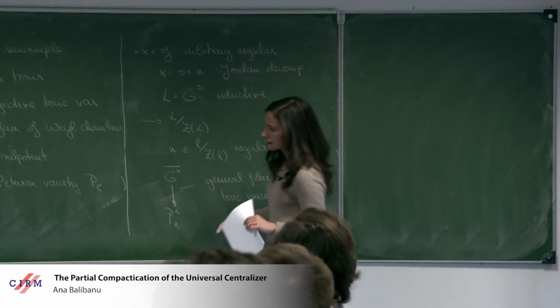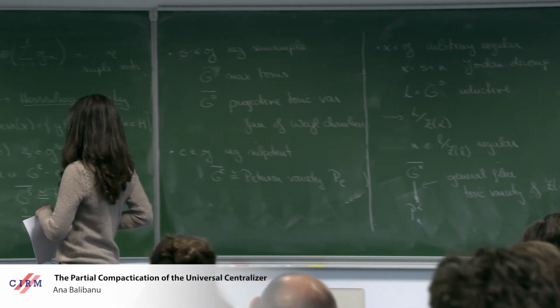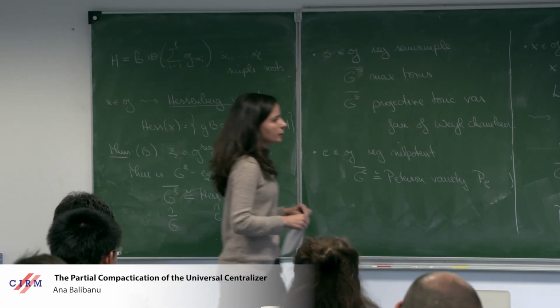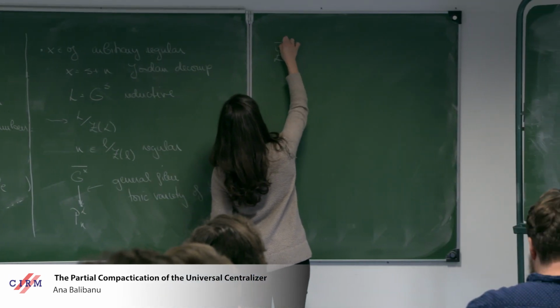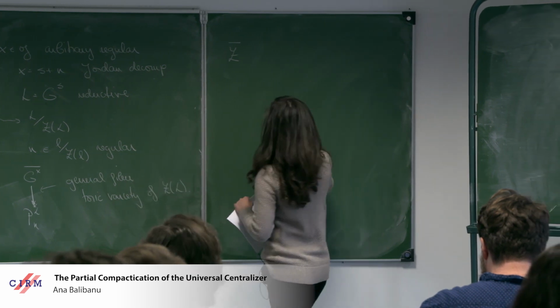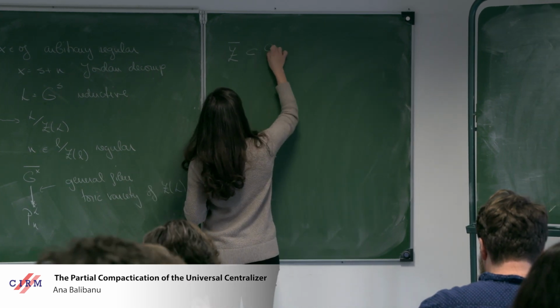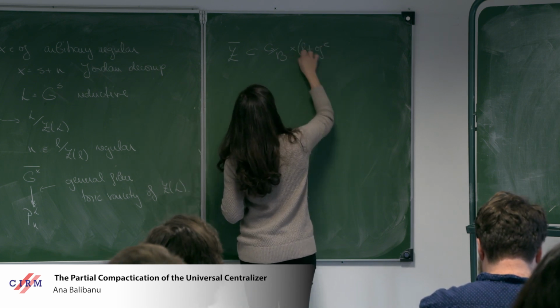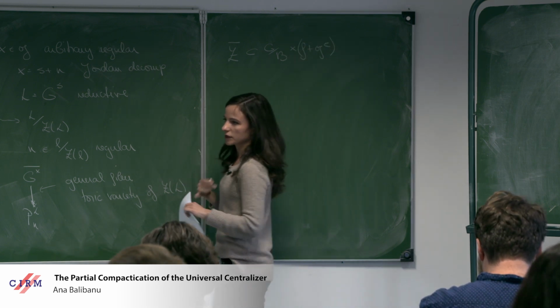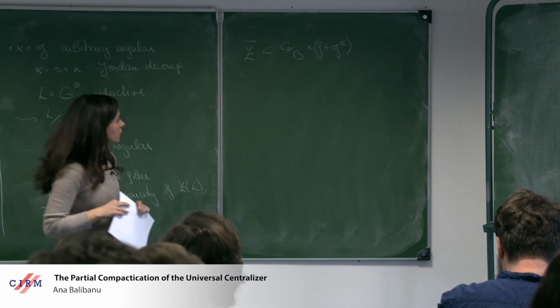So what this means is that I can view this partial compactification of the universal centralizer as a subvariety of the flag variety cross the principal slice, whose fibers are Hessenberg varieties.